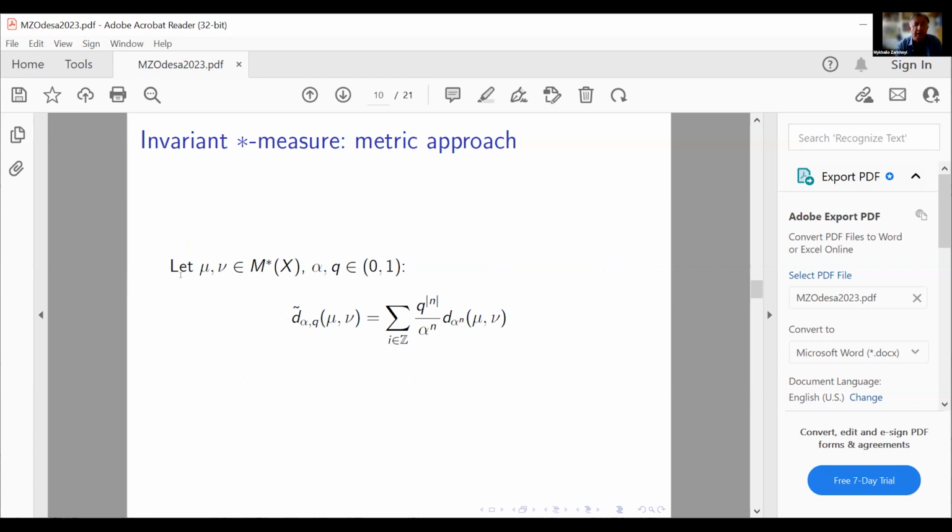And now, given two star measures and two parameters, we define the metric d tilde sub alpha, q as the sum over n, I'm sorry, and we obtain such a series.